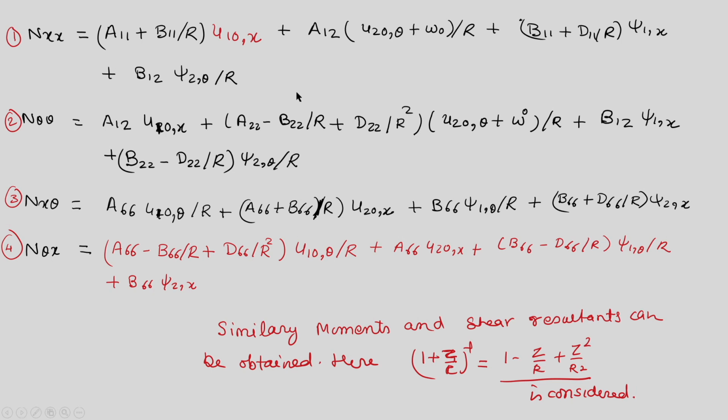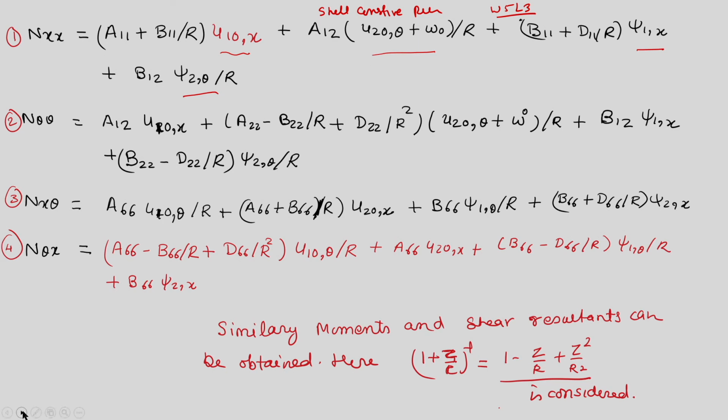So, I have rewritten the shell constitutive relations, which we derived in week 5, lecture 3: Nxx, N theta theta, N x theta, N theta x. Here you can see that they are expressed in terms of primary variables u1 0 comma x, u2 0 comma theta, psi 1 comma x, psi 2 comma theta and so on.